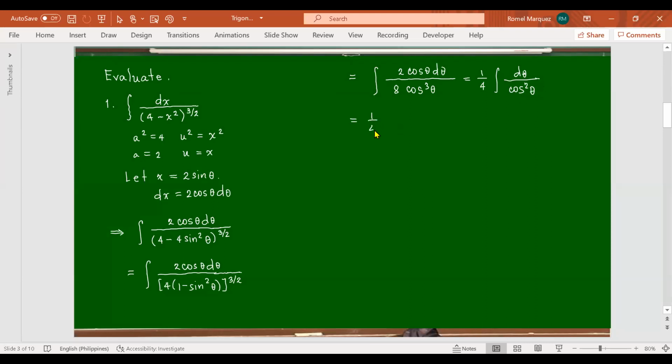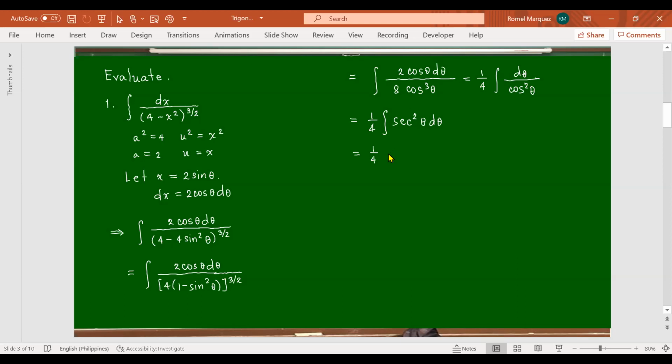Secant squared theta. So again, d theta over cosine squared theta is secant squared theta d theta. And this has an exact integral now. We can evaluate this now.